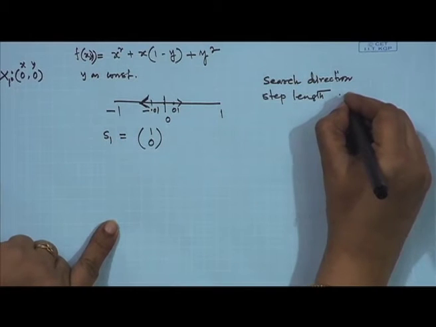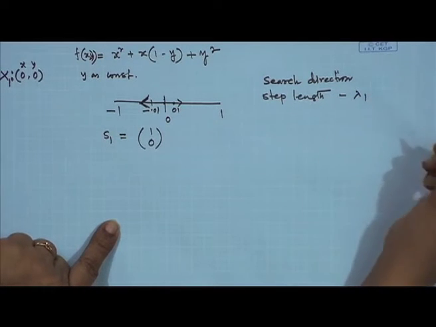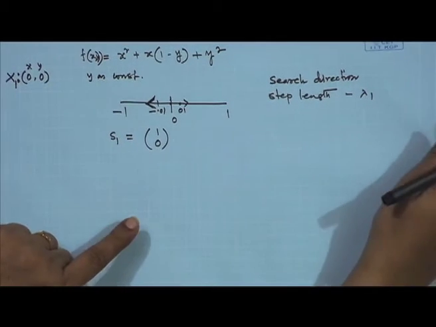It may happen that instead of 0.01, if I had taken 0.02, we could reach it in the same way, since the functional pattern is maintained. So there is a guideline for whether to take 0.01 or 0.02. That is why I am saying I move in the left with a step length lambda 1, which is variable.